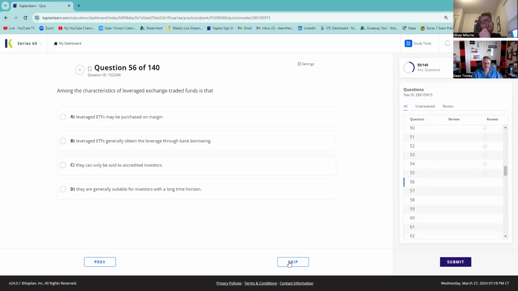Among the characteristics of a levered ETF fund is that you will get... leveraged ETF question. Definitely not. I mean, they can.